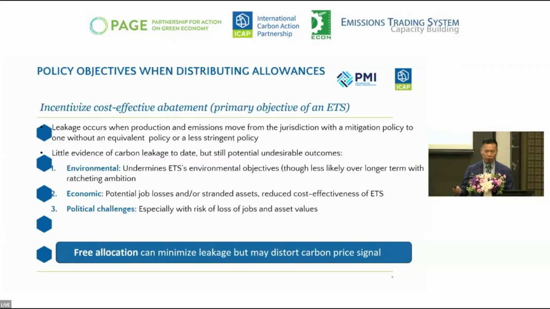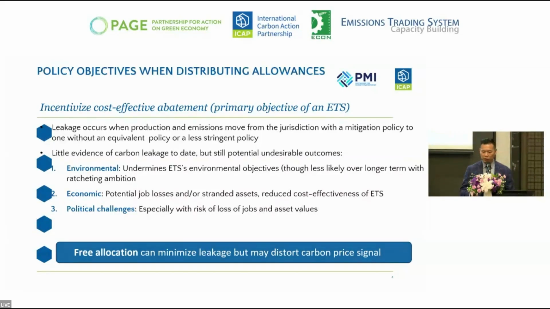But now we see the EU ETS price is very high, and the EU is canceling the free allocation for industrial sectors. So with that expectation, the carbon leakage risk is going up.